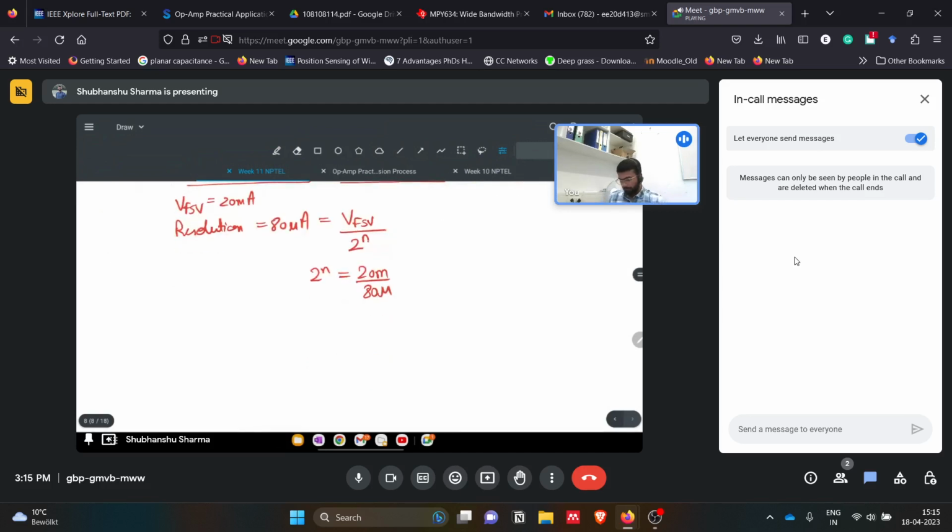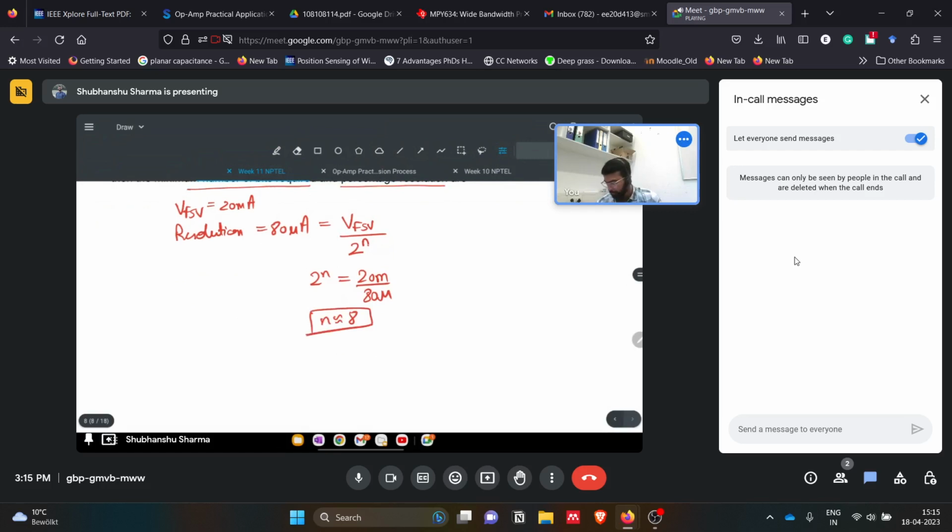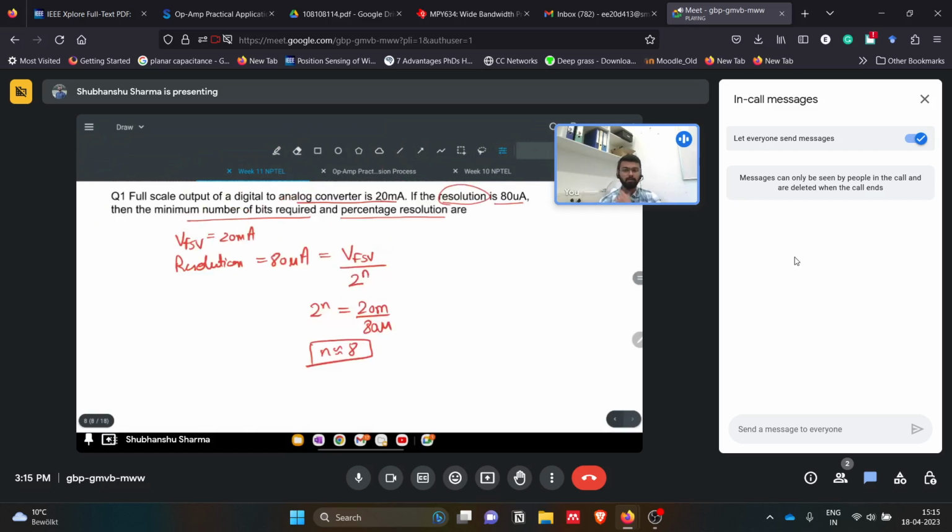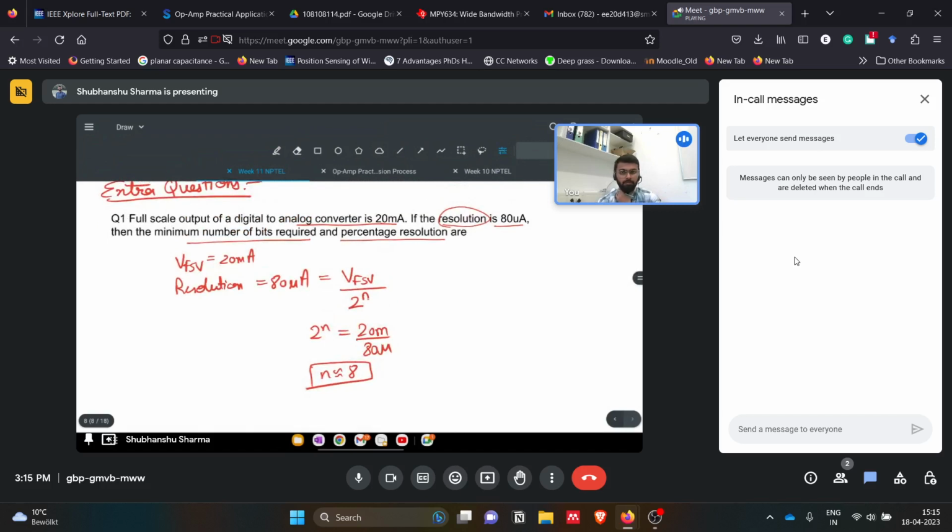If we solve this thing, we'll get n approximately 8. So we can say that for n equals 8 bits, we are getting a resolution of 80 microampere when we have a full scale value of 20 milliampere.